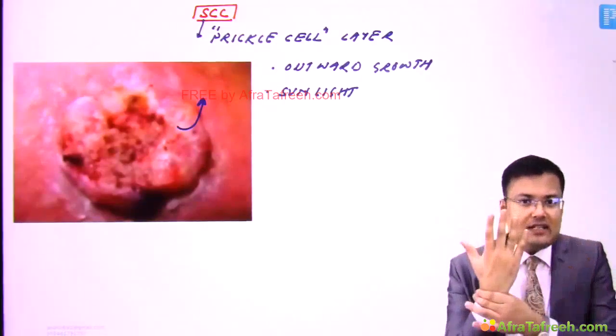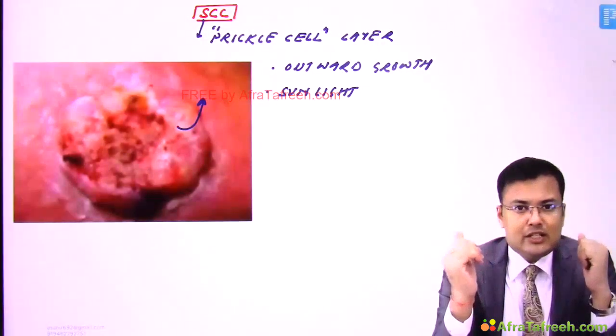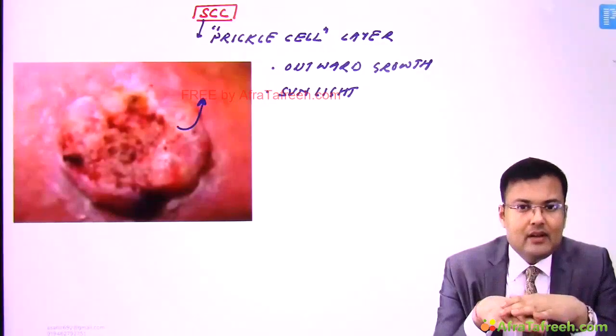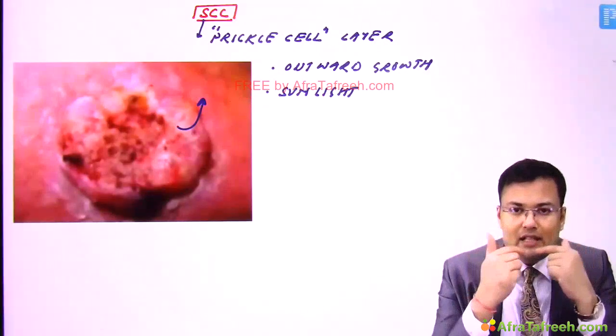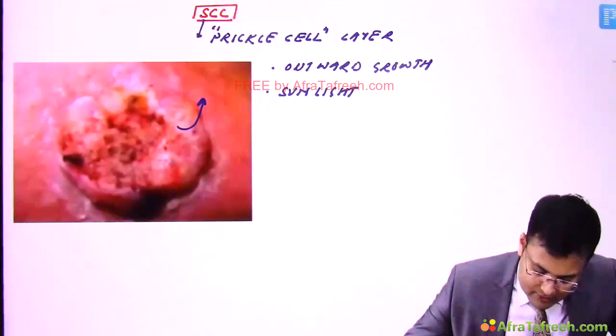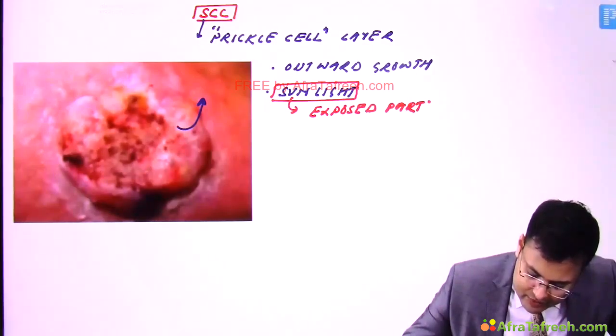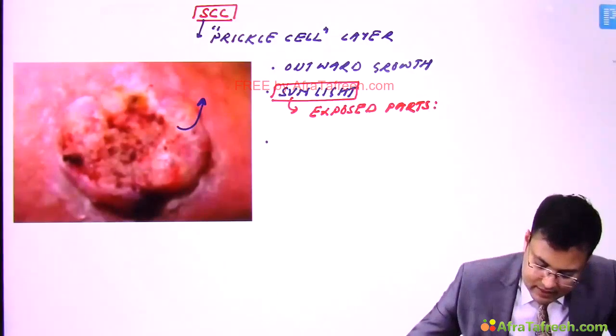You can see these hands are exposed and head and neck. Clear? So what are the common sites for squamous cell carcinoma? You can see back of hand, ears, cheeks and the lower lip. Sunlight is one of the most common causative factors, and because of this exposed parts of body are the common sites. So what are those exposed parts?